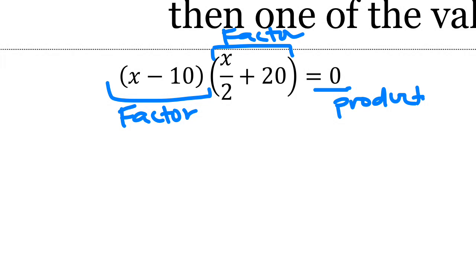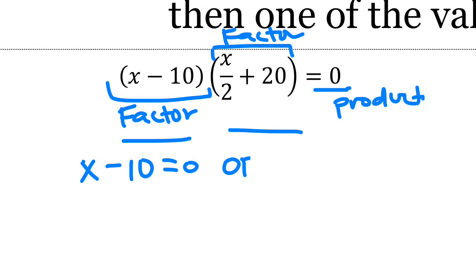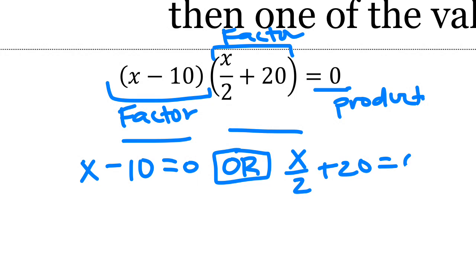So if I have two factors equal to 0, I want to take each factor and set them individually equal to 0, which lets me get x minus 10 equals 0, or, fancy compound statement here, x over 2 plus 20 equals 0.